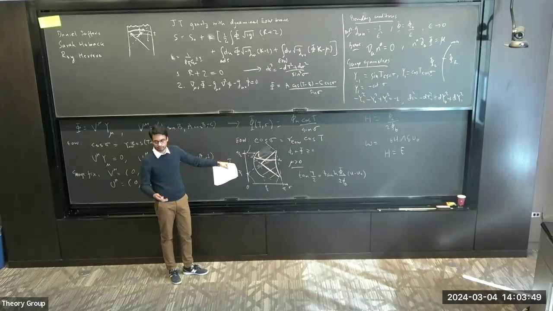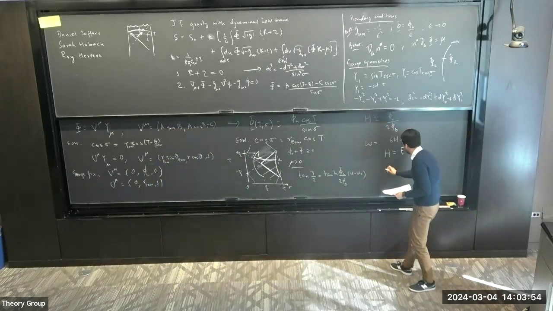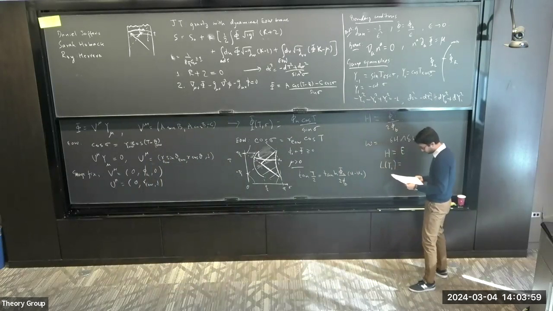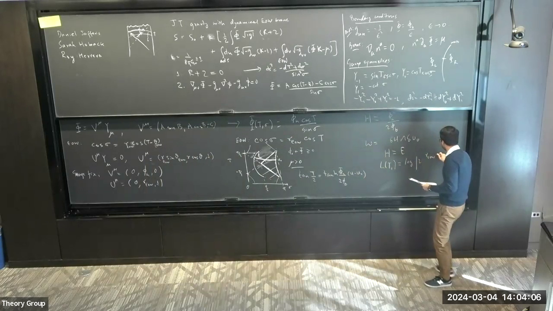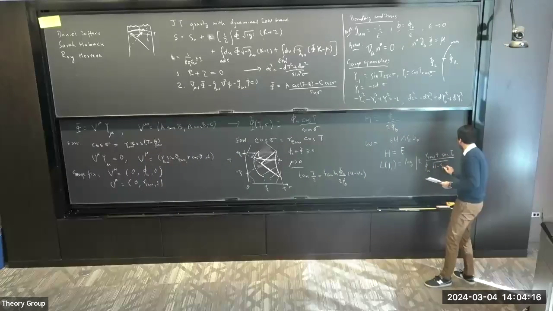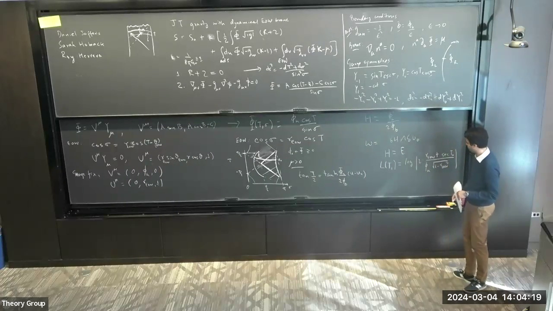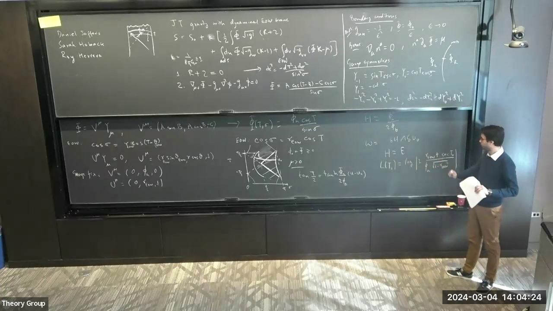We can find the length of this geodesic, and that length is given by this formula. So this is the length of the initial slice.